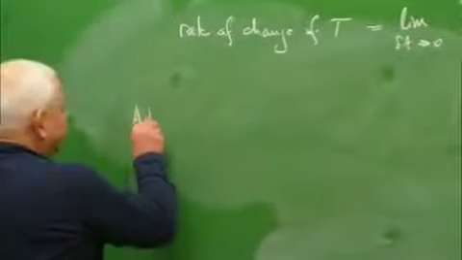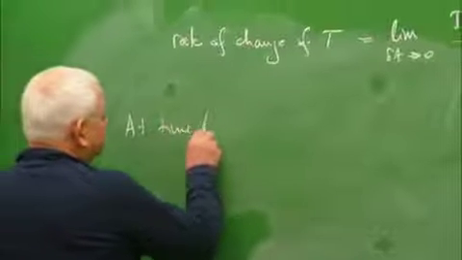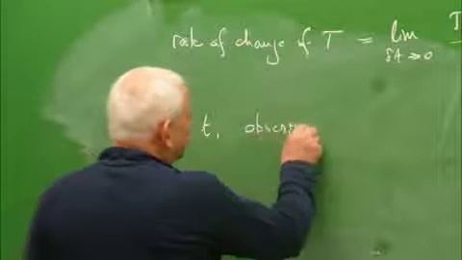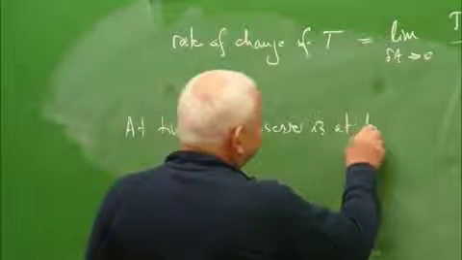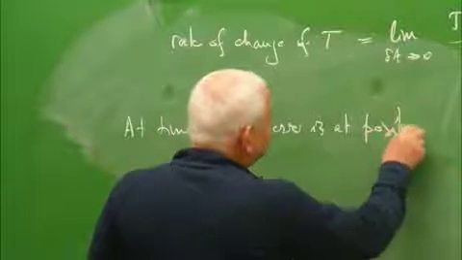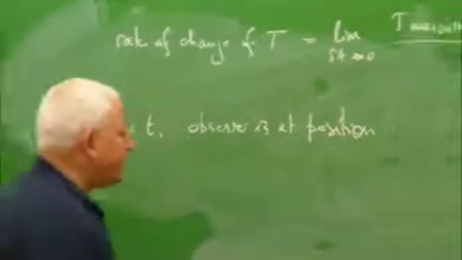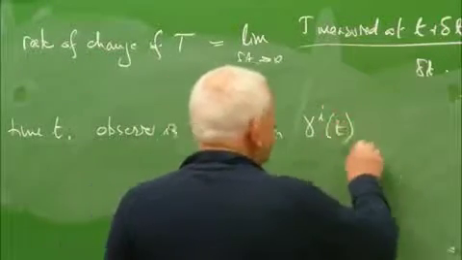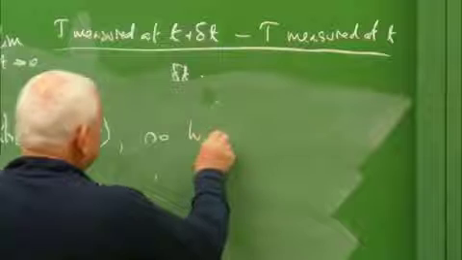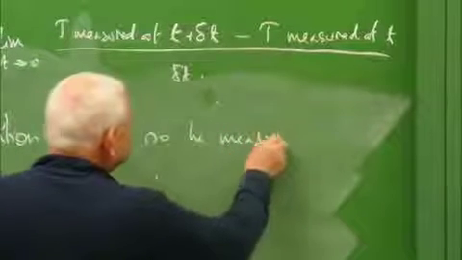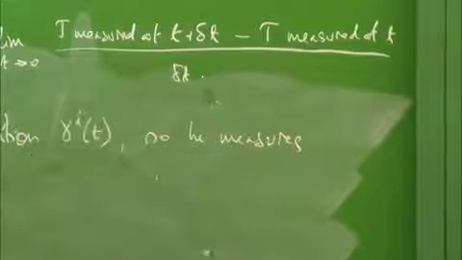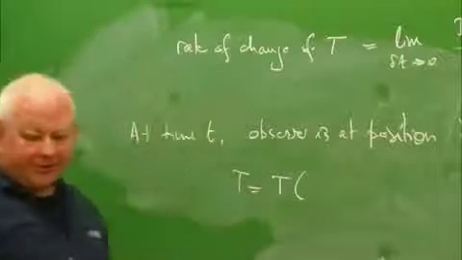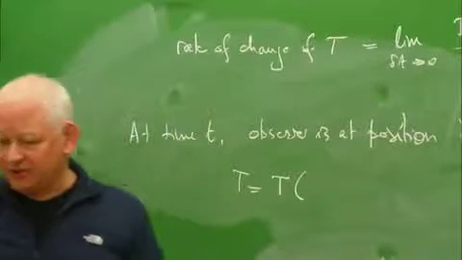So at time t, the observer is at position gamma^i(t), so he measures the temperature given to him by, well, the temperature is in general a function of position and time.